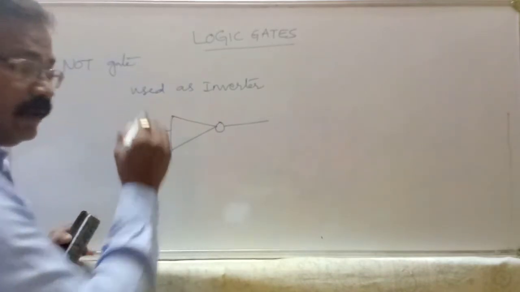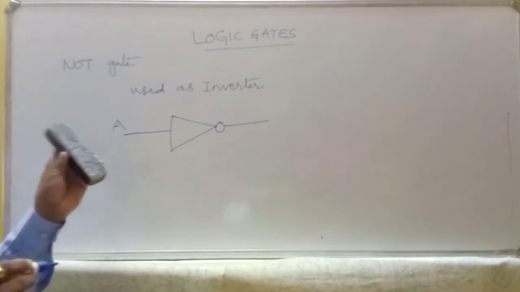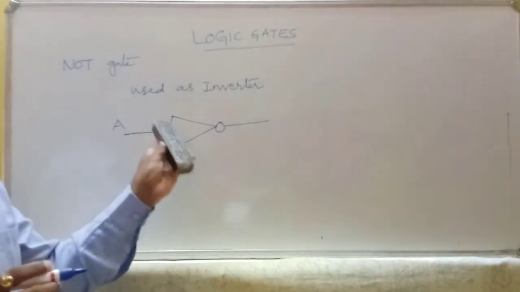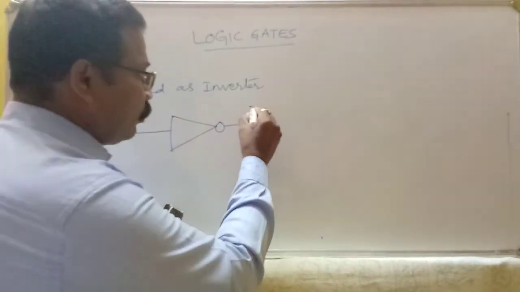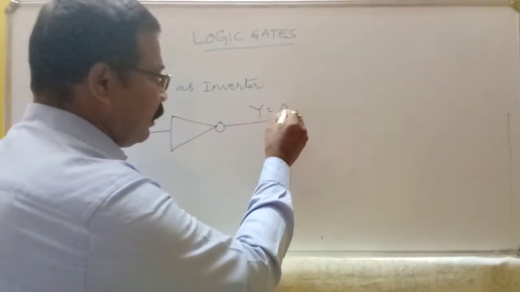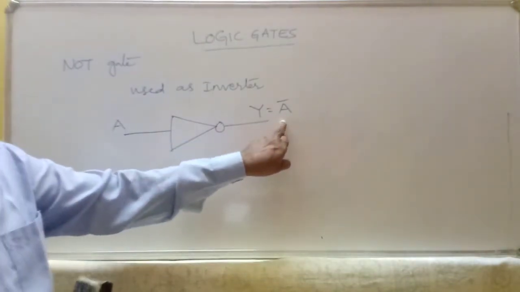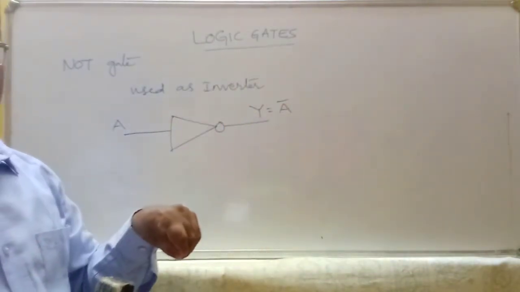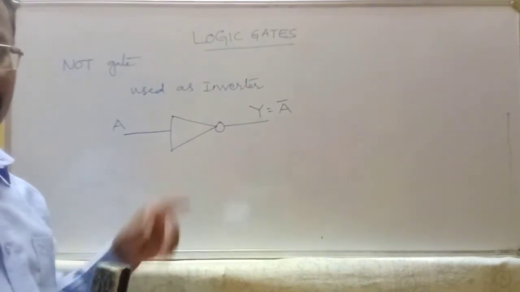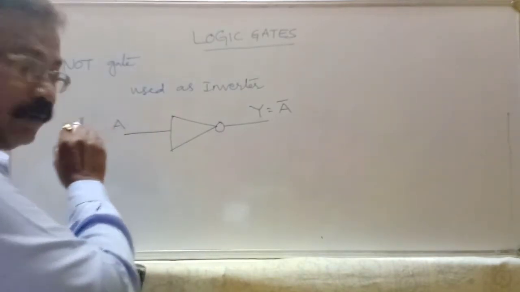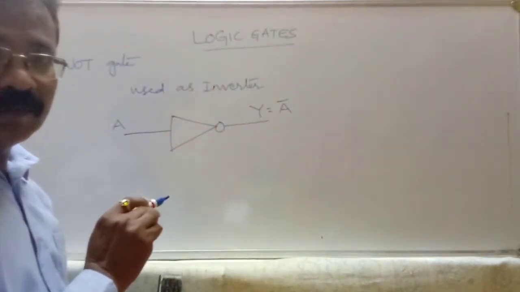Let the input be A. Its output is the inversion of this A, which is represented like this, A bar. That can be read as complement of A. If the input is A, its output is the complement of A.